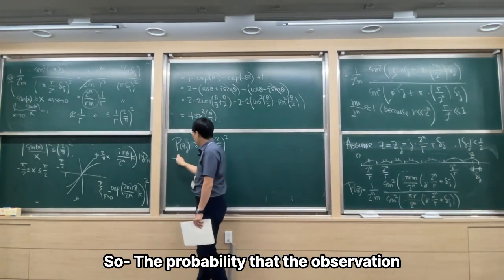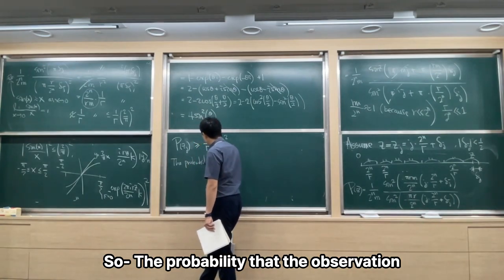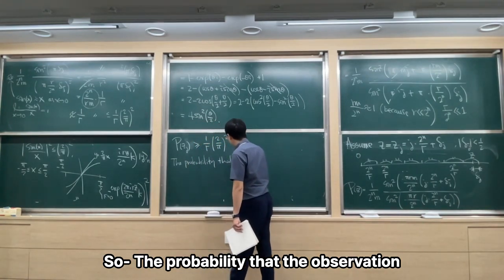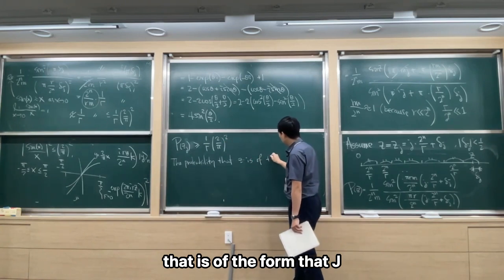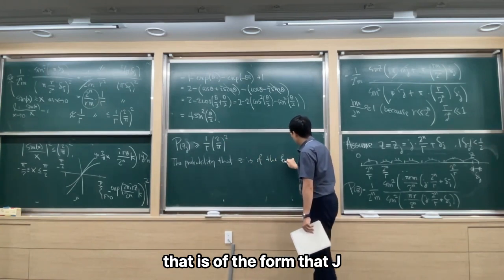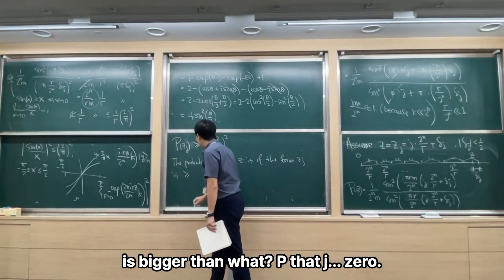So the probability that the observation z is of the form that j is bigger than what?